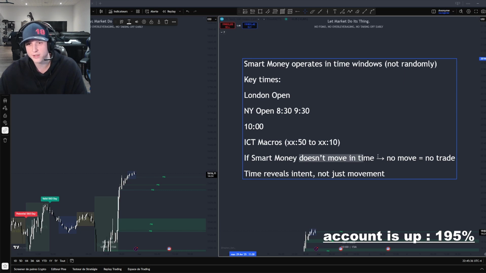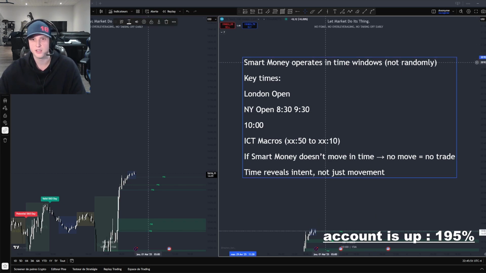What I'm trying to say here by doesn't move in time, no move, no trade is if you can get in a trade in an ICT macro or after 9:30 or right after 10, right? Those are A plus trades usually. They rarely miss. Okay? If it's not in those times, the trade is still valid, it's just less likely to hit.